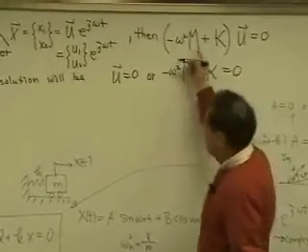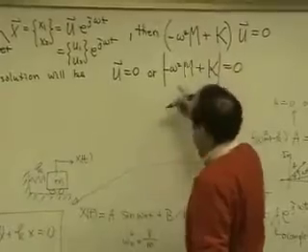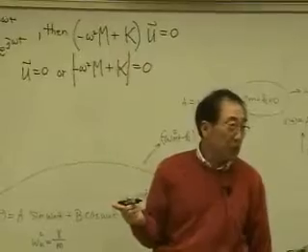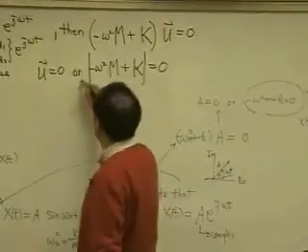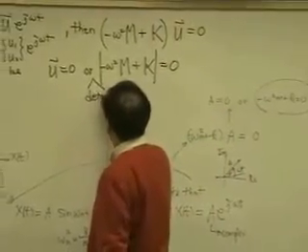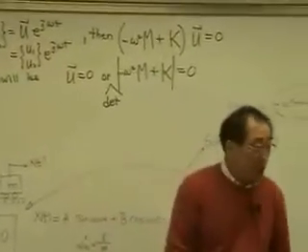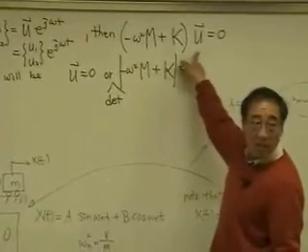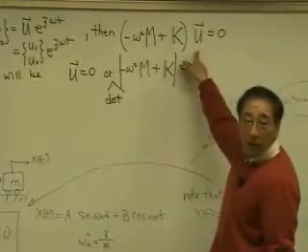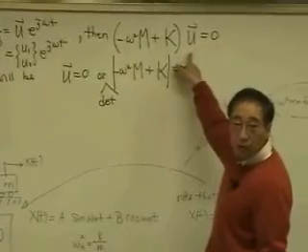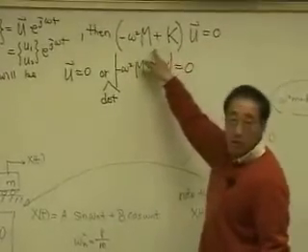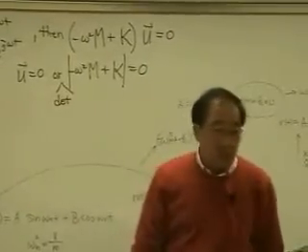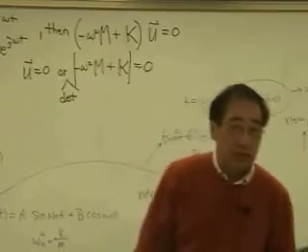Therefore, not just the same omega square k, matrix M plus matrix K is 0. We have to say the determinant of this has to be 0, because to have a non-trivial solution, the inverse of this matrix must not exist.